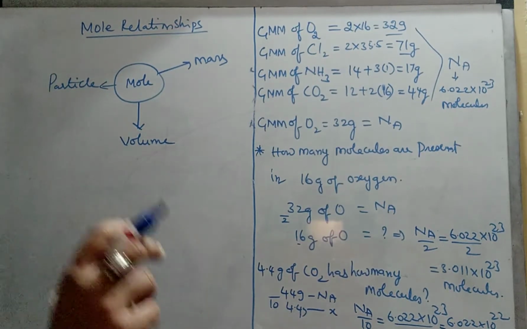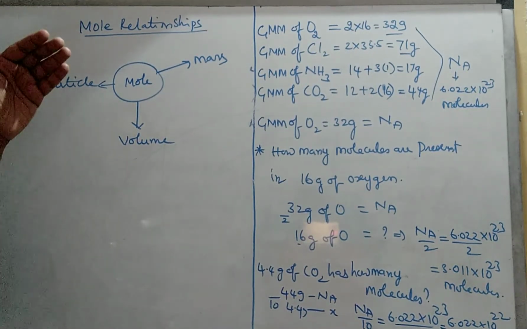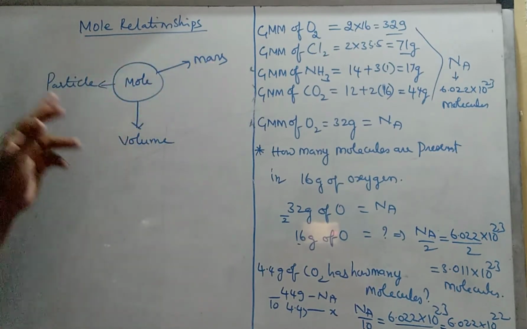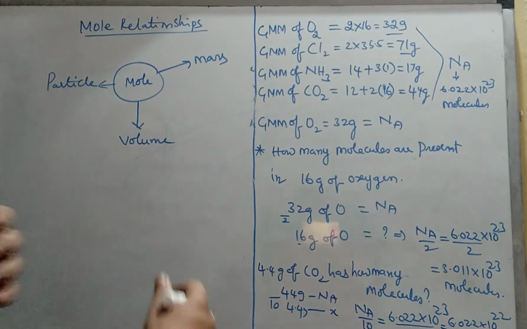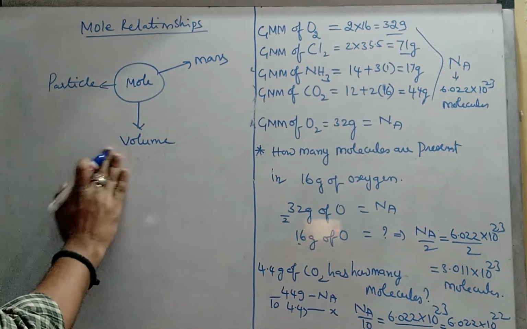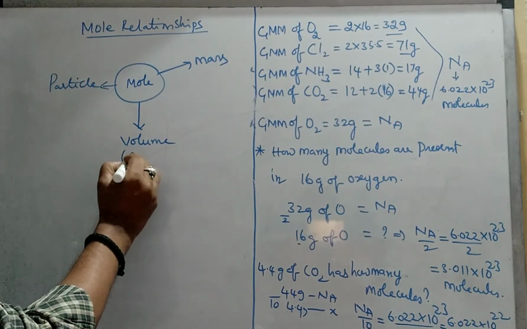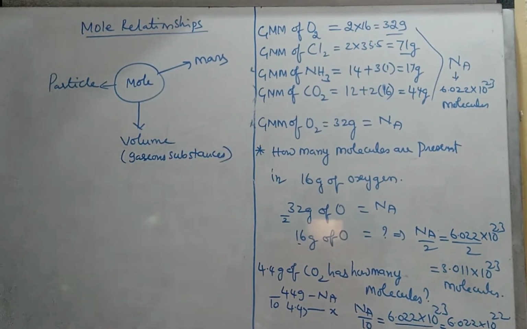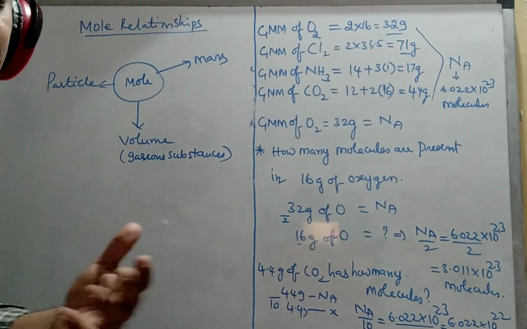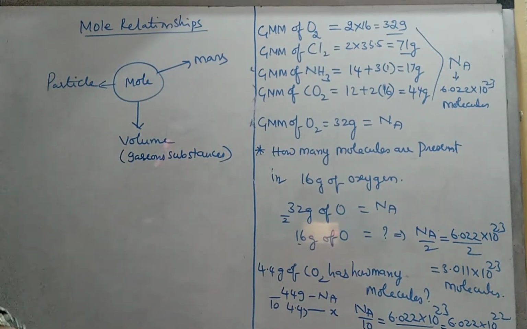The only unit which has the capability to convert to mass, volume and particle is the mole. Mainly for volume, we can go for gaseous substances. Like that we can correlate between mole-mass, mole-volume, mole-particle.